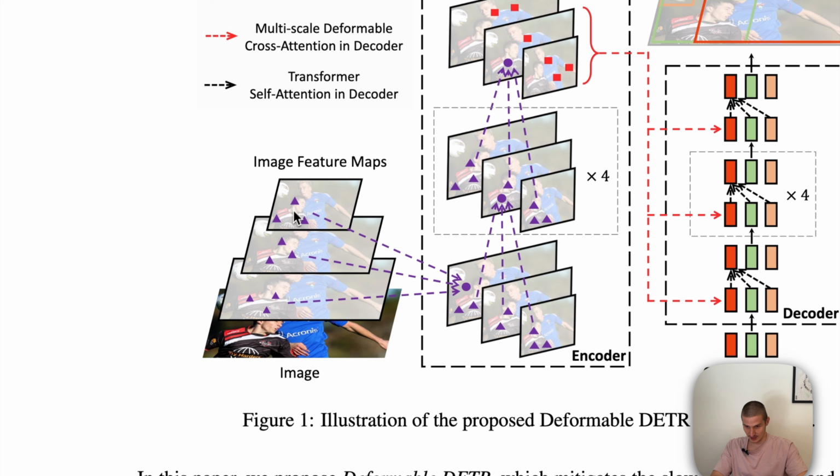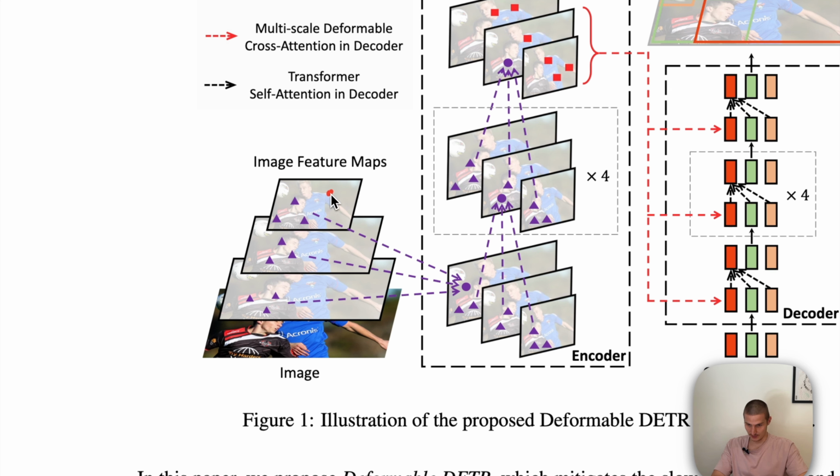And so the way it's done is we have some sort of reference point that defines where we start to compute the offset. And then we have predicted offsets that are trainable, that tell us where to pay attention. And so these reference points come in 2 flavors. We have 2 sources of deformable attention in the model. We have what is called self-attention, when we compute attention between image and image, and cross-attention, when we compute attention between queries and image.